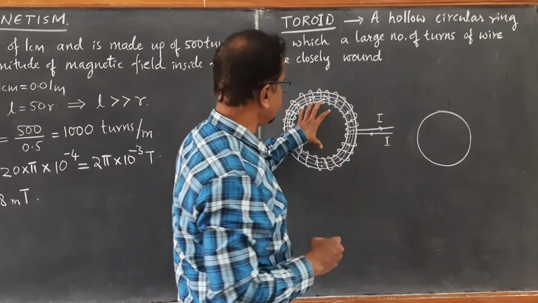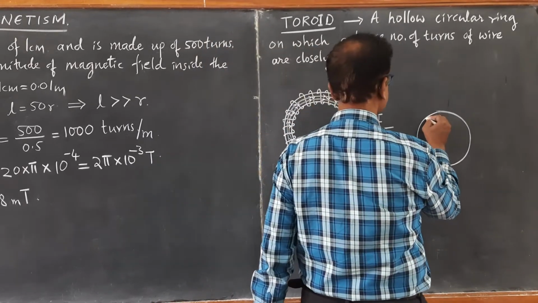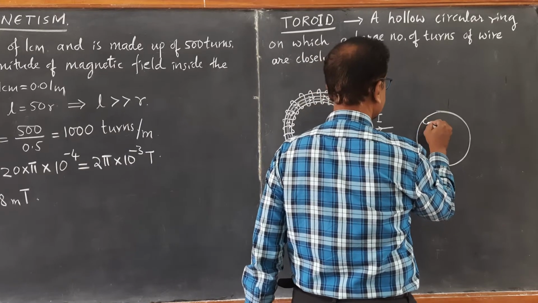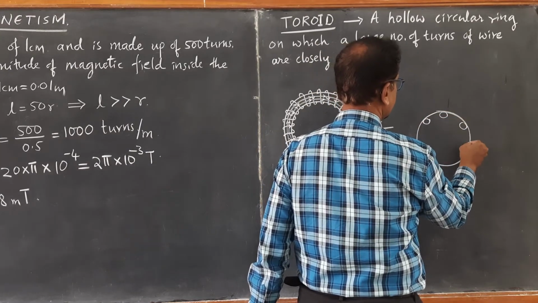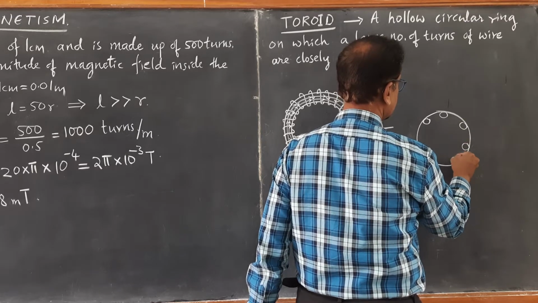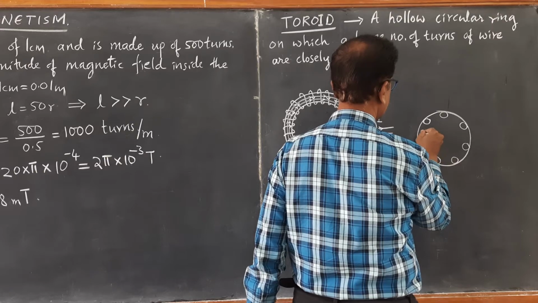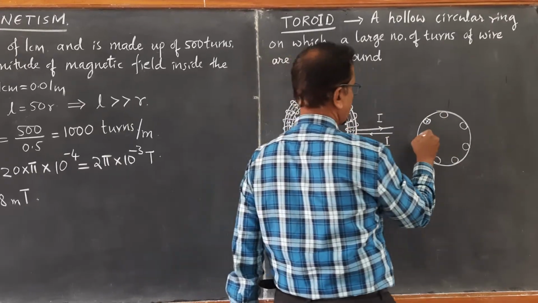This is the interior radius of the ring, and in the interior radius of the ring you can see the current is entering inside. So, current is entering inside means I have to show with cross marks. Current is entering, so I have to show cross marks.